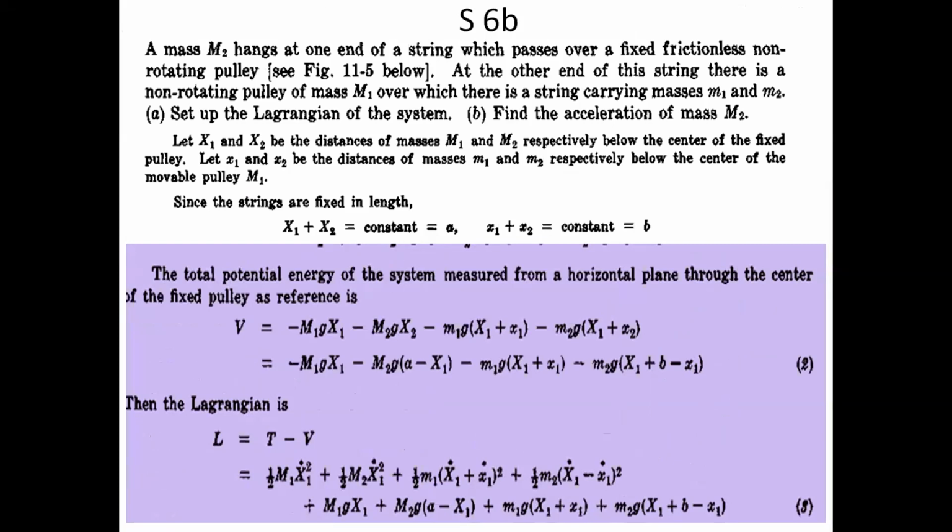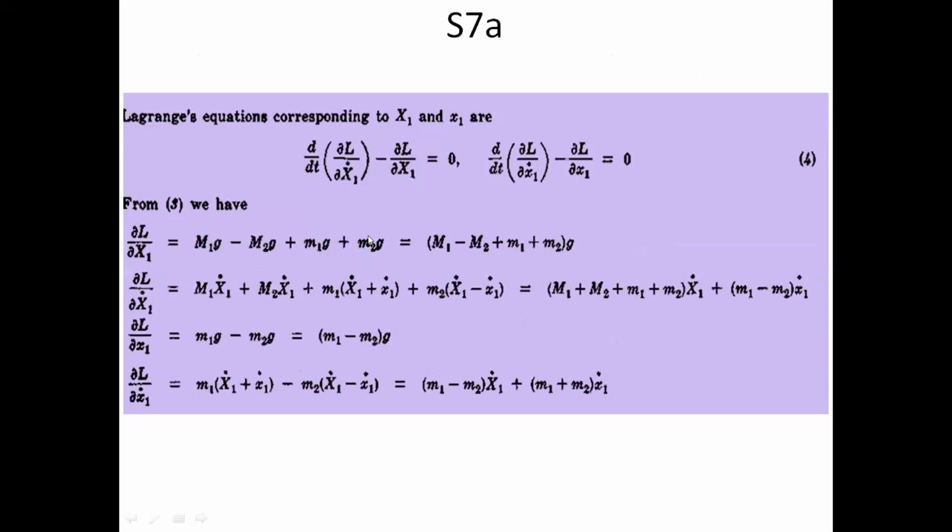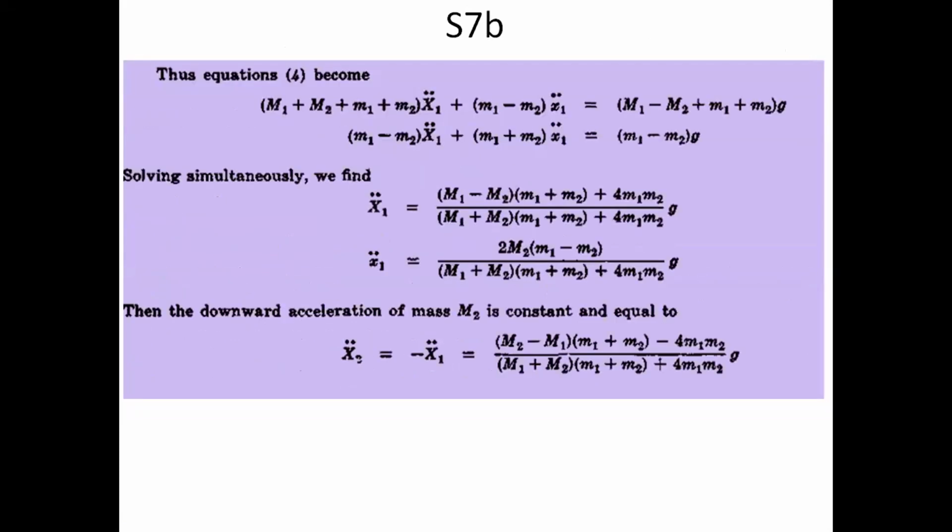I go to slide 7A, and we write down the Euler-Lagrange equations with respect to the variables uppercase X1 and lowercase x1, and we find all these derivatives. Finally, when we go to slide S7B, with these equations I am able to find the downward acceleration.